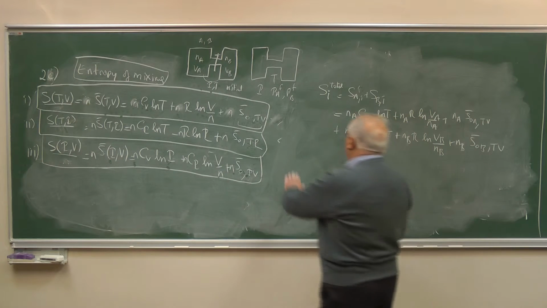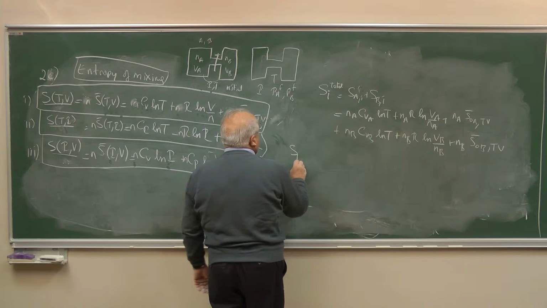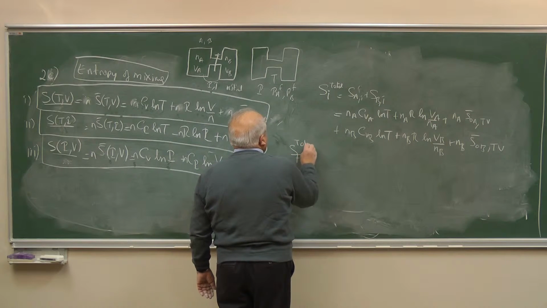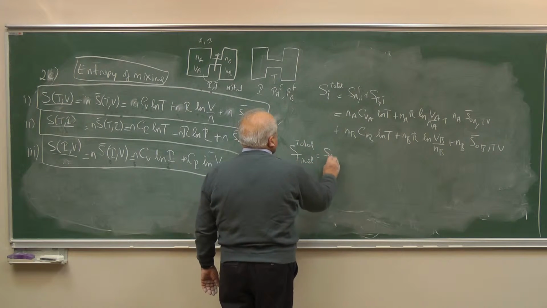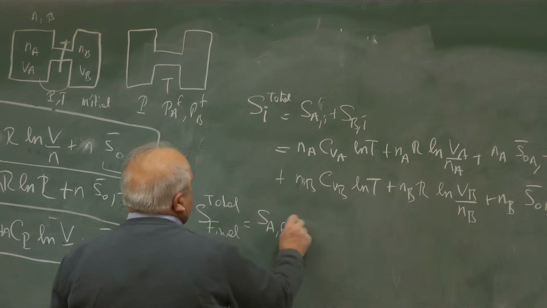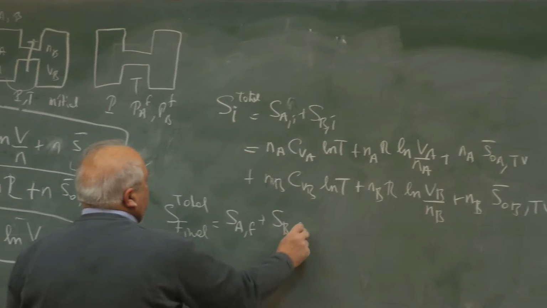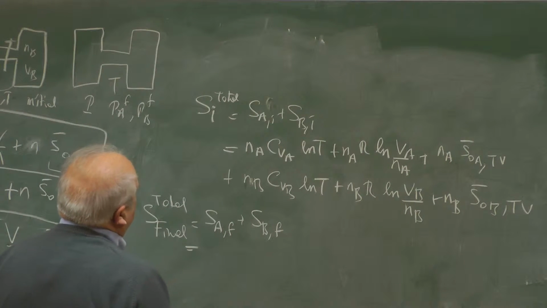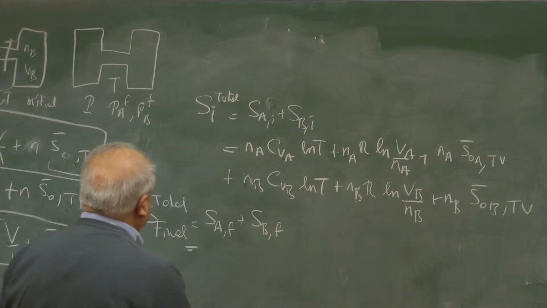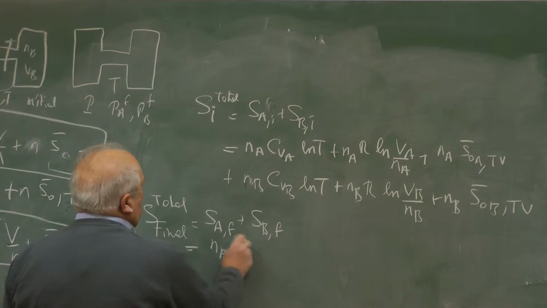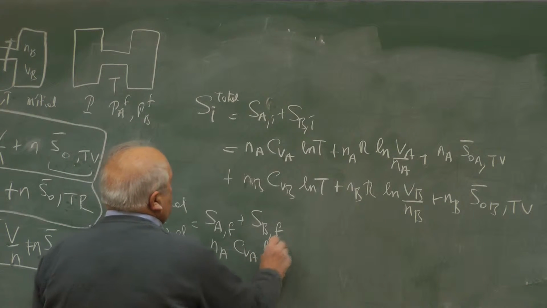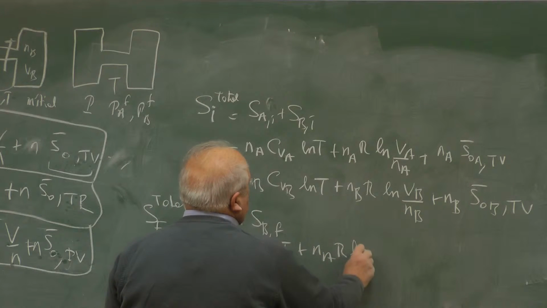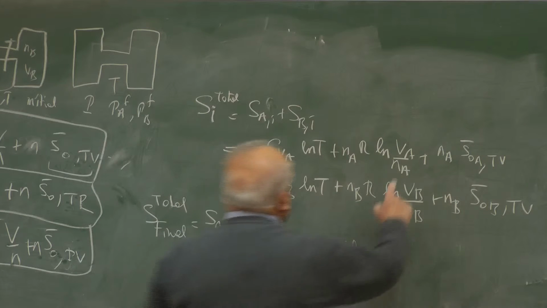Now, final entropy, final total, is equal to SA final plus SB final. That's equal to, well, temperature did not change, so NA CVA log T plus NA R log. Now VA changed.